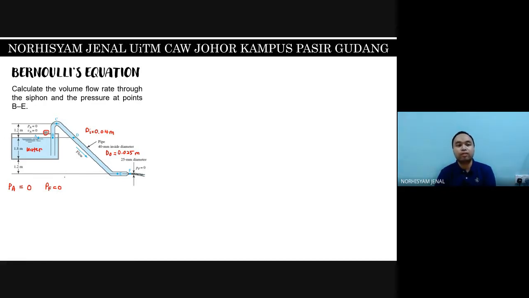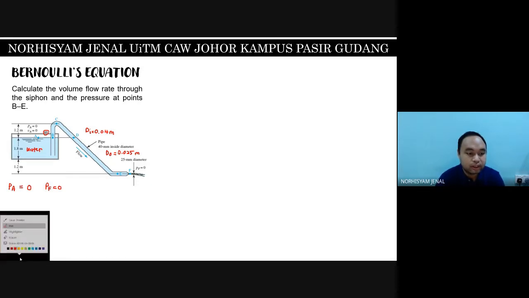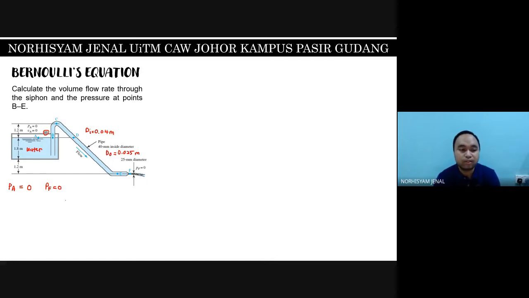So calculate the volume flow rate through the siphon and the pressure at point B until E. To do this calculation, first I will find out which of these six points can be compared to each other in terms of the Bernoulli equation to get the value of velocity or other value that we need for the other calculation.